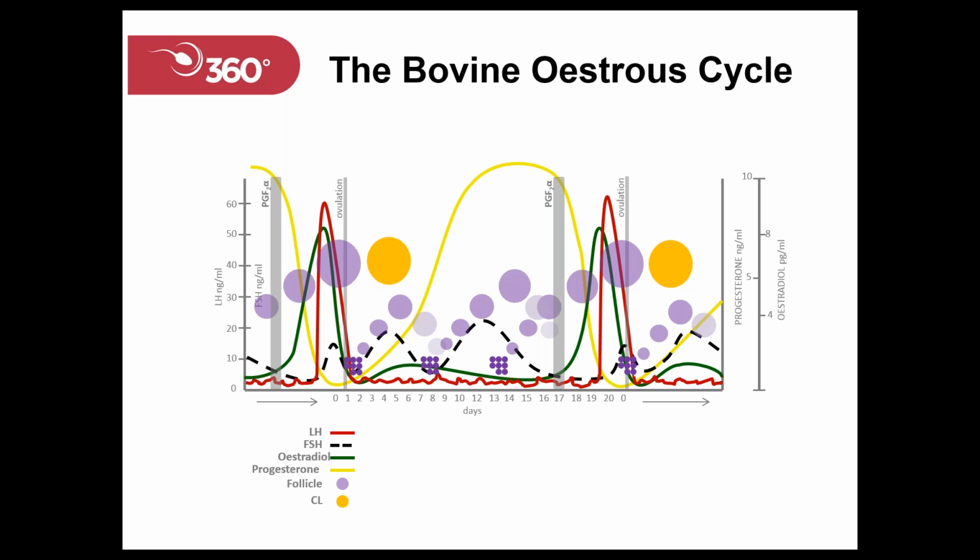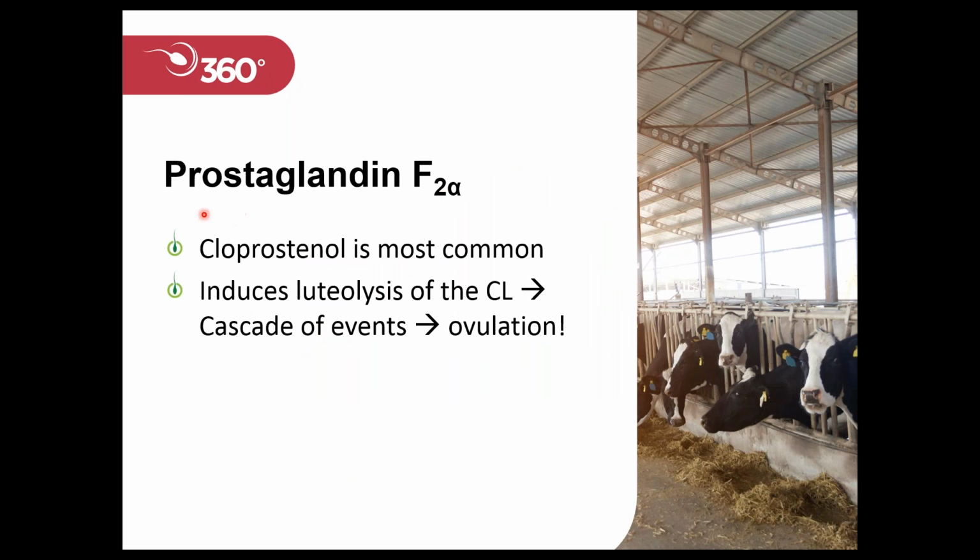So moving on to the pharmaceutical preparations, the most common pharmaceutical hormone that you will find is prostaglandin F2 alpha. Now in Australia, cloprostenol is the most common analogue that is used. However, in other countries and in Australia, we also have dinoprost.